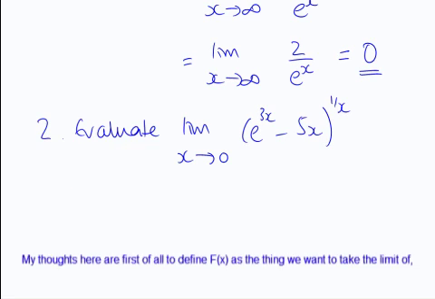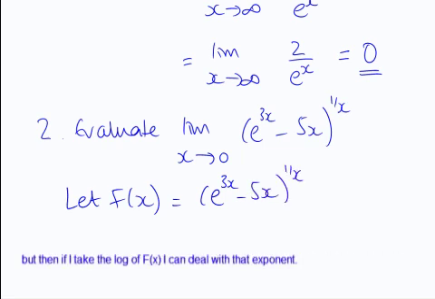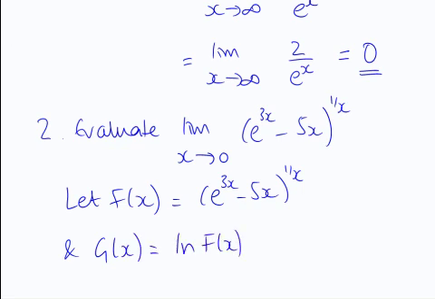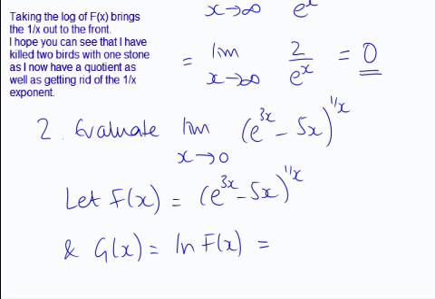So my thoughts here are, first of all, to define f of x to be the thing that we want to find the limit of eventually. But then, if I take the log of f of x, I can deal with that exponent. So I'm going to define g of x to be the log of f of x. And if I log f of x, the 1 over x comes down in front. And I hope you can see that I've killed two birds with one stone here.